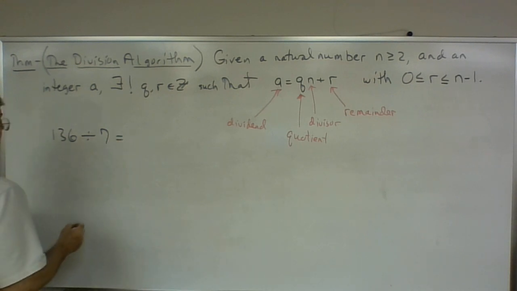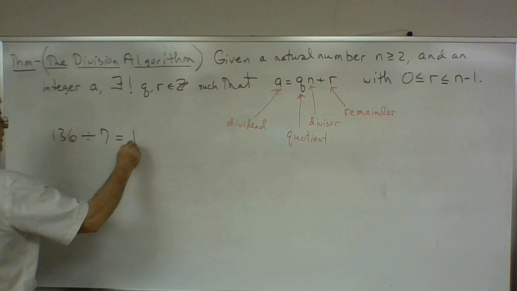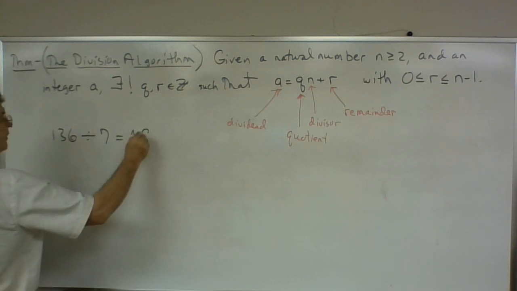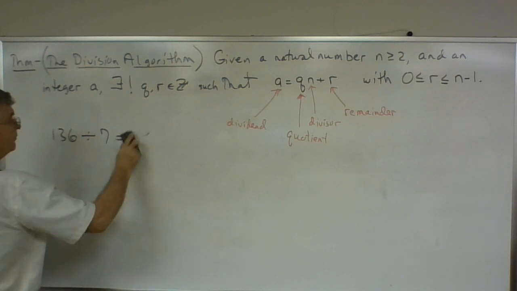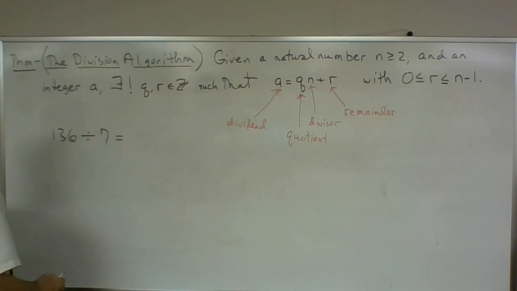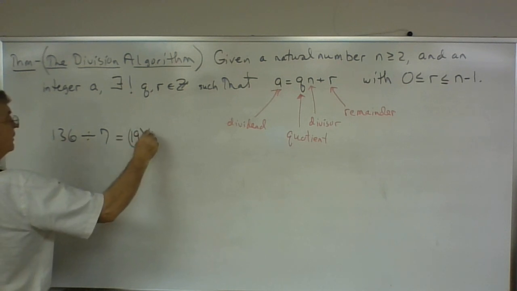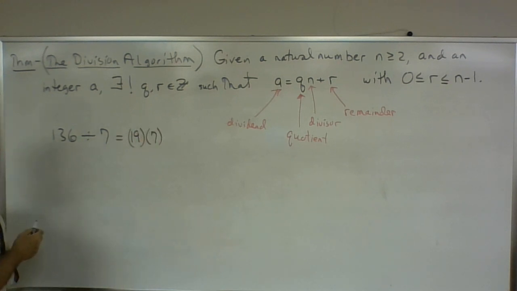Let's see. So 19 times 7, I think. Let's see, 20 times 7 is 140. Yeah, okay.